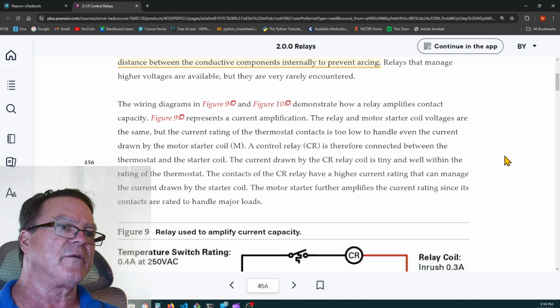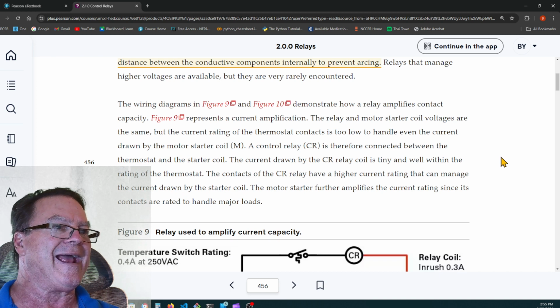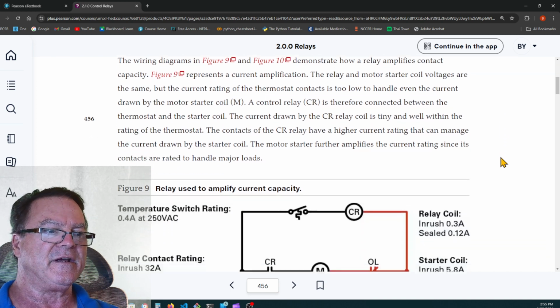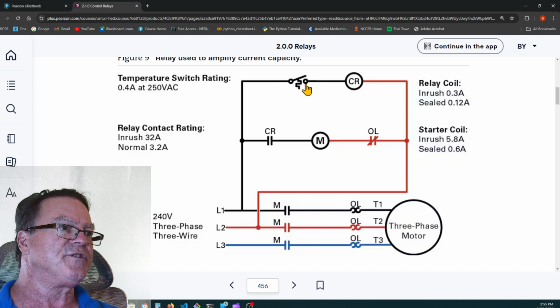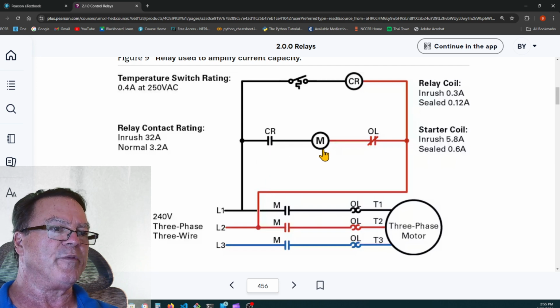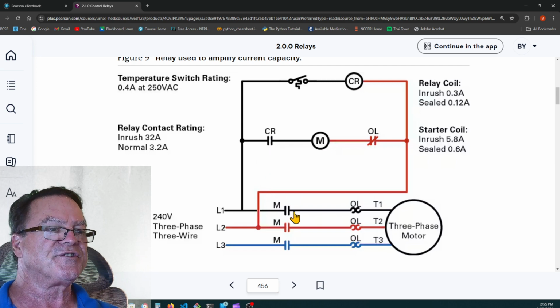So the wiring diagrams in figures 9 and 10 demonstrate how a relay amplifies contact capacity. So here we have a control relay, and this control relay is controlled by a temperature switch. When this temperature switch gets cool enough and closes, the control relay is energized and it closes this normally open contact, closing the motor starter, and then the motor starter starts the motor.